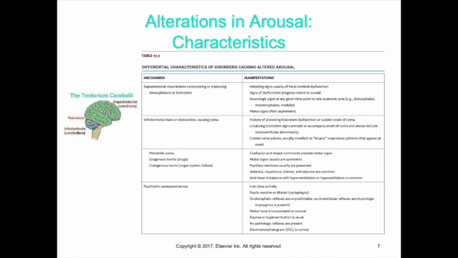With psychiatric unresponsiveness, what you would see manifest are things like the patient's lids closing actively, their pupils are reactive and dilated. They might have oculocephalic reflexes that are very unpredictable, and you see nystagmus present. Their motor tone may be inconsistent, but it also could be normal.